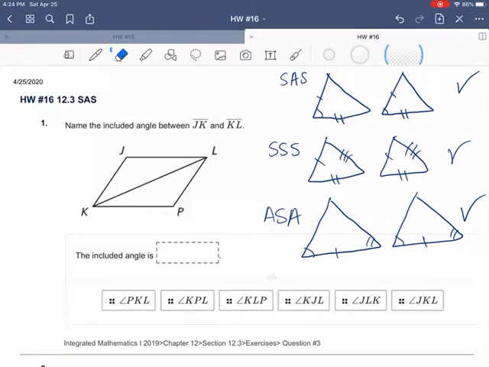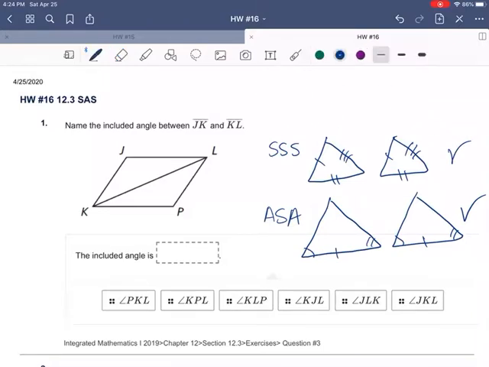And the 4th option is angle, angle, side. You know those 2 triangles are congruent if you're given that information.